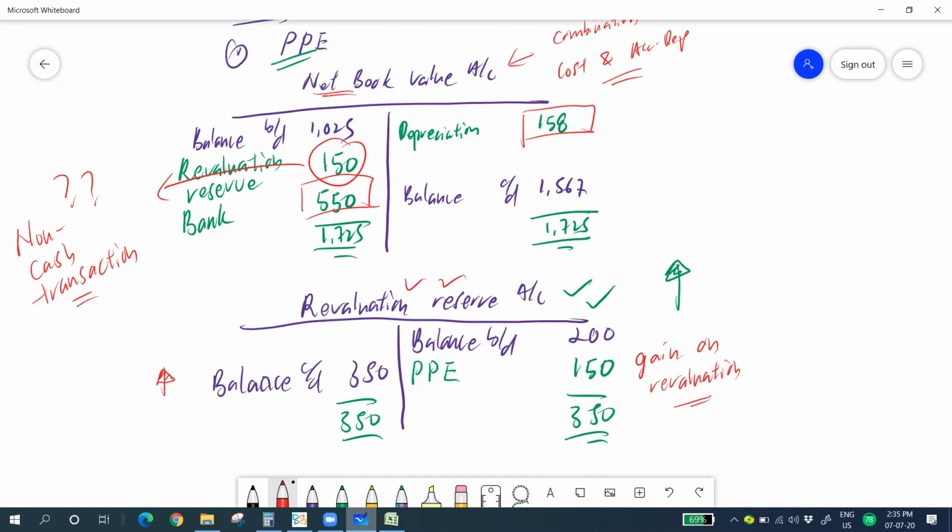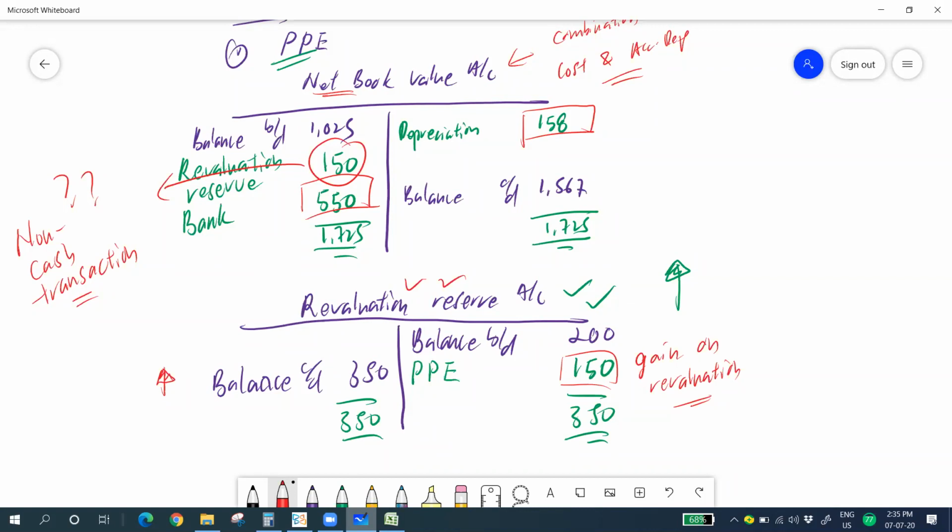From 200 to 350. So we know the difference is 150. Do we have a cash movement for this 150? No, right? This is a non-cash transaction. So my question, since this is a non-cash transaction, are we going to show it in our cash flow statement? Yes or no? Wow, many changed their answer. Become yes, huh?